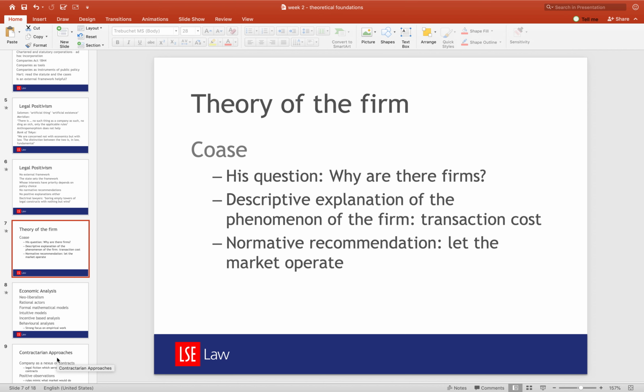It is inspired by a Nobel Prize winning contribution by Coase. And his question was, why are there firms? And his answer was, firms exist because they minimize transaction cost.